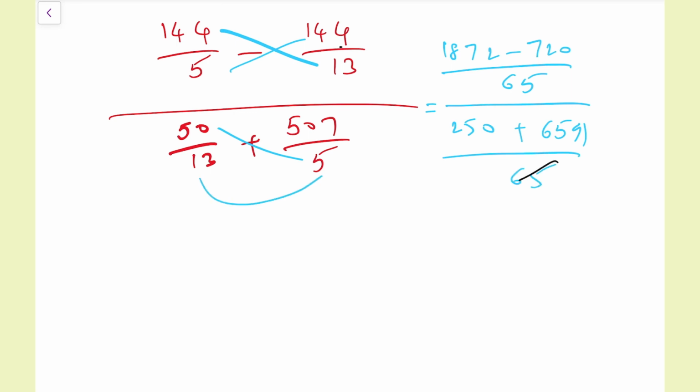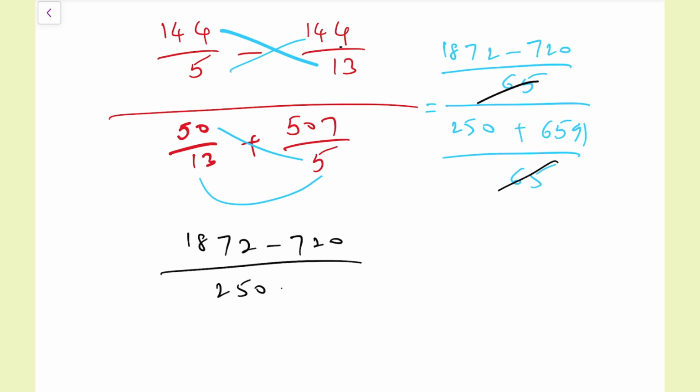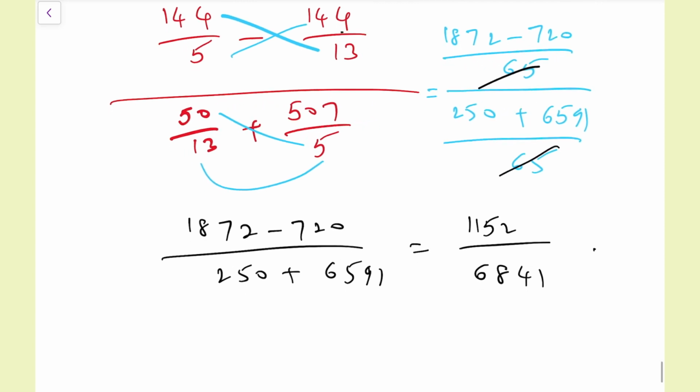Here 65 will get cancelled, then we remain with 1872 minus 720 divided by 250 plus 6591. 1872 minus 720 is 1152, divided by 250 plus 6591 is 6841. So this is our final answer.